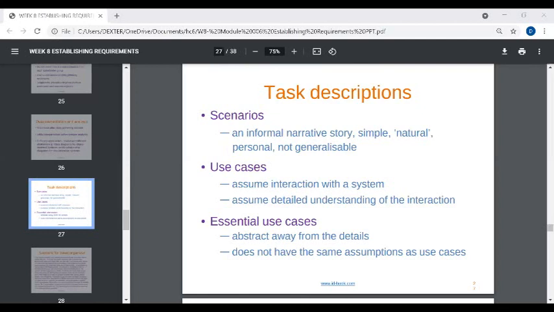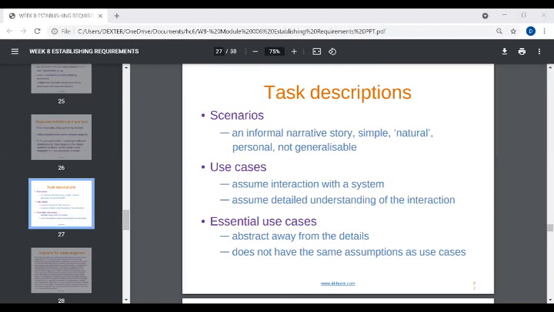Then we have the essential use case. These were developed by Constantine and Lockwood to combat what they see as the limitations of both scenarios and use cases as described above. Scenarios are concrete stories that concentrate on realistic and specific activities.